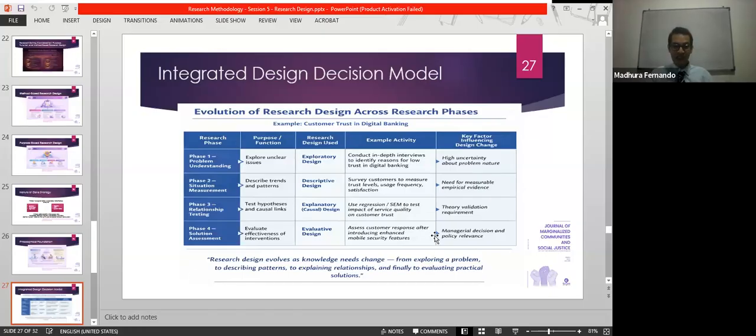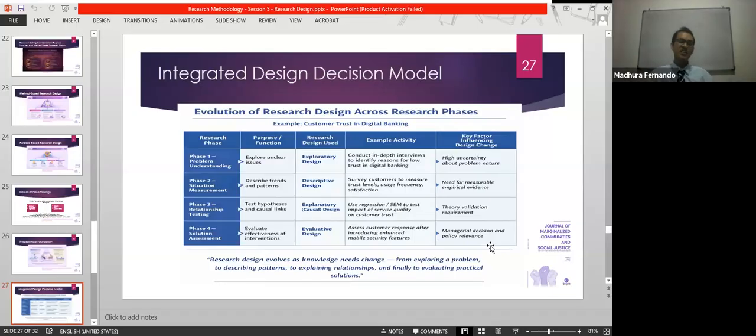Assess customer response after introducing an enhanced mobile security feature. You incorporate a certain security feature, and after that you can evaluate using the same theoretical model. What is the level of trust of the people? And that is managerial decisions and policy relevance. You can make managerial decisions using this evaluative design.